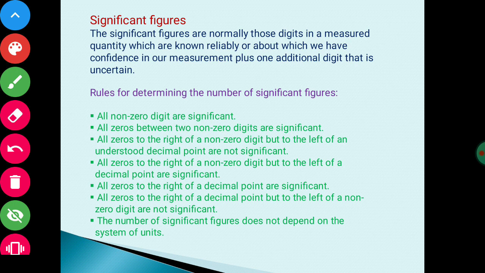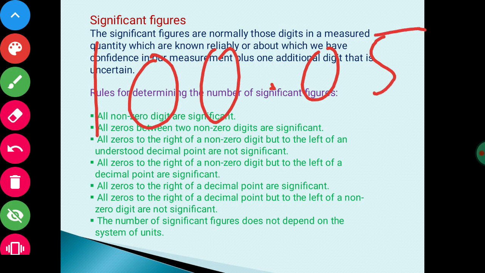Second rule, all zeros between two non-zero digits are significant. That means a zero comes between non-zero digits. For example, 100.05.